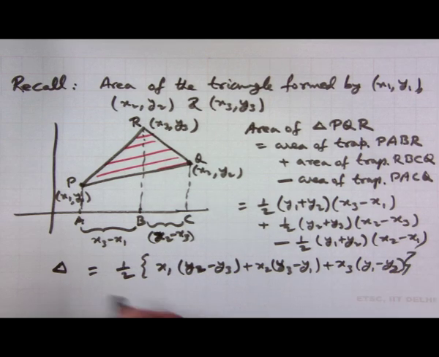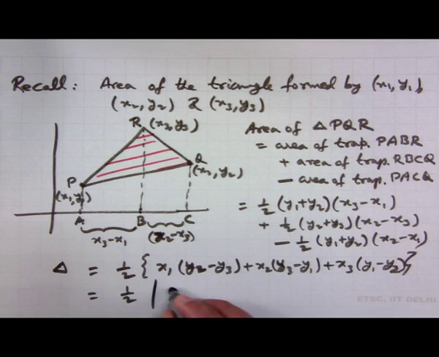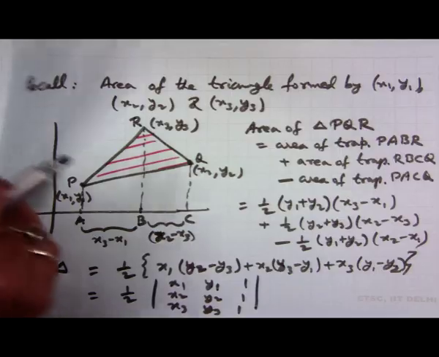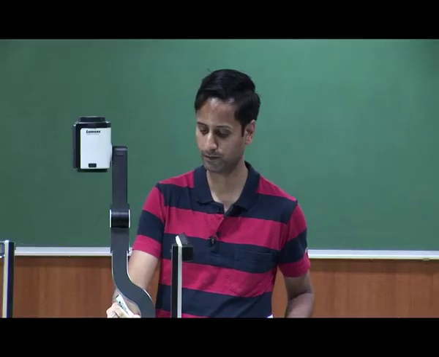Easy way to remember this is equal to half of determinant of x 1, x 2, x 3, y 1, y 2, y 3, and the third column is 1, 1, 1.